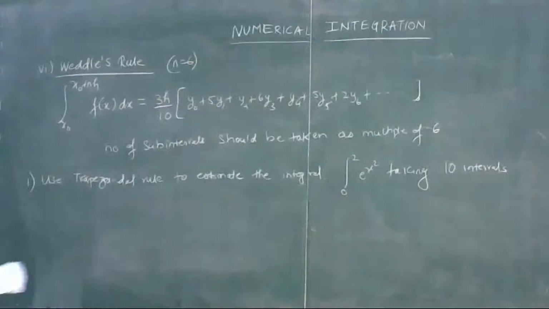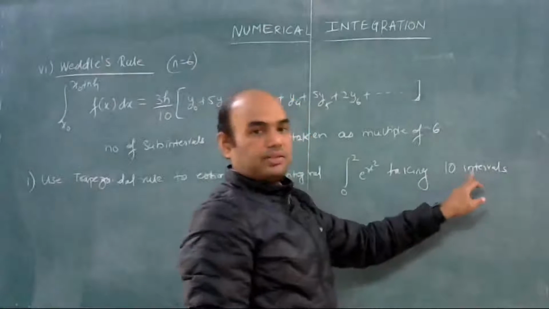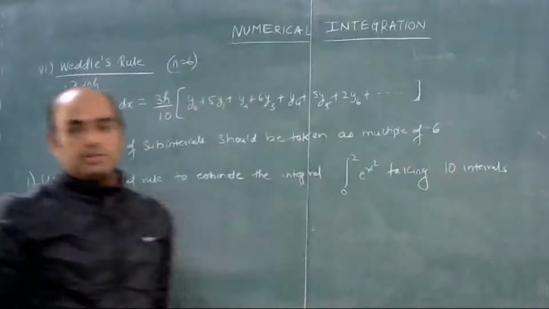Okay, so here it is given that you have to take the number of intervals n equal to 10. So it is clear.